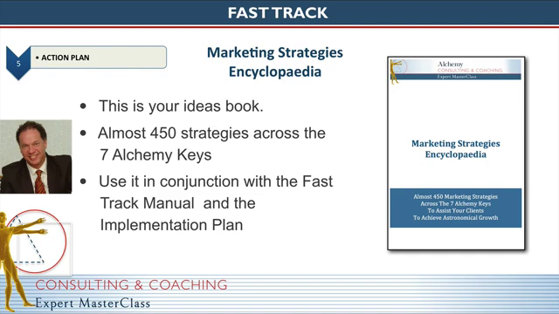Okay, and until you get to multiplier number 7, which is increasing the number of referrals. You'll also find that it continues on because there are other business factors here, and that's why we included within the Fast Track manual a couple of elements, other factors, as well as the 7 keys.